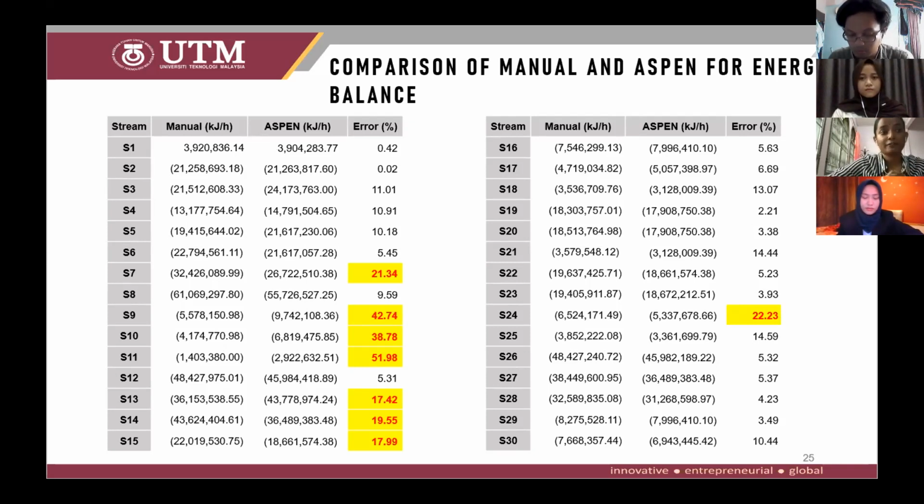And for streams 7, 13, 14, 15, and 24, it is assumed that the error could have been due to the difference between the reference condition used for manual calculation and the reference condition in the Aspen environment. It could also be due to the heat of vaporization that has been used in the manual calculation. Yeah. Next.